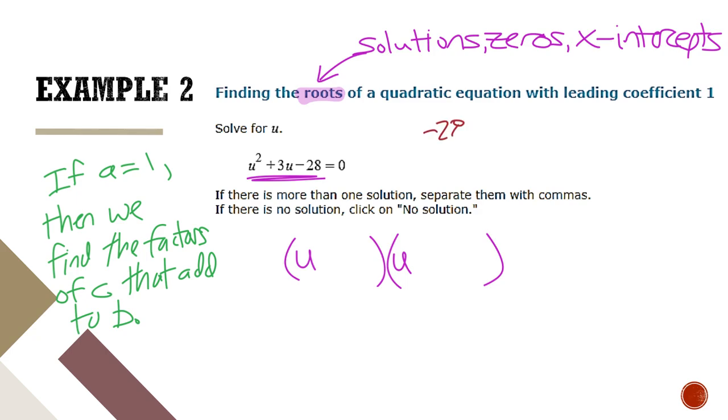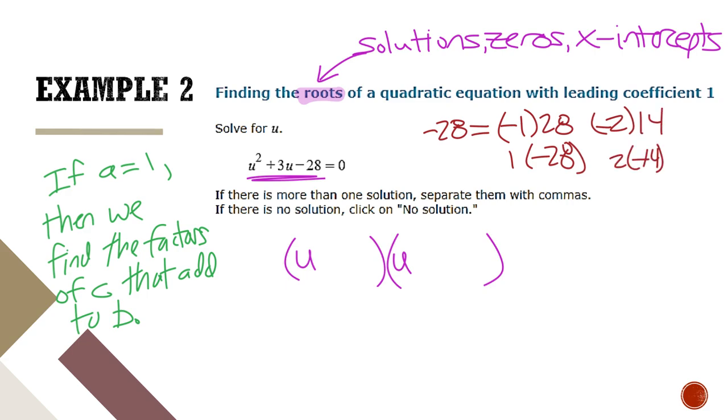So negative 28 is equal to negative 1 times 28, or 1 times negative 28. We can also do negative 2 times 14, or positive 2 times negative 14. We could do negative 4 times 7, and then positive 4 times negative 7.